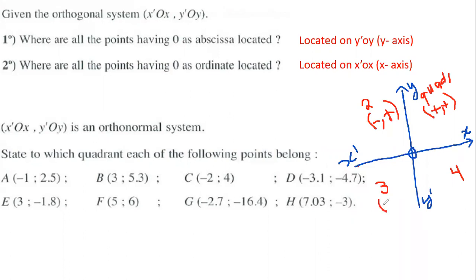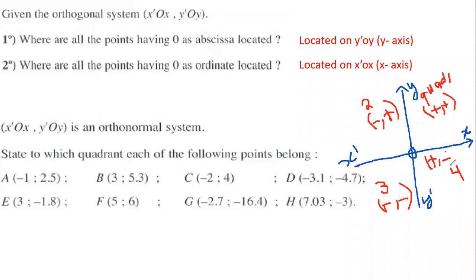In quadrant 4, the abscissa is positive and the ordinate is negative.